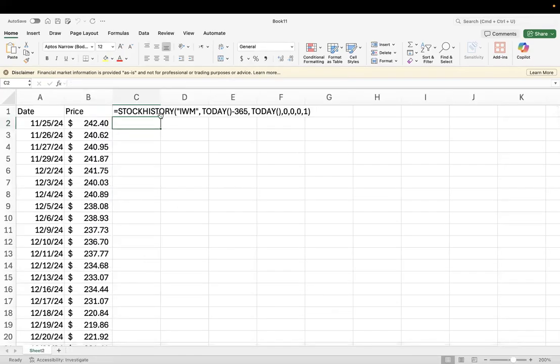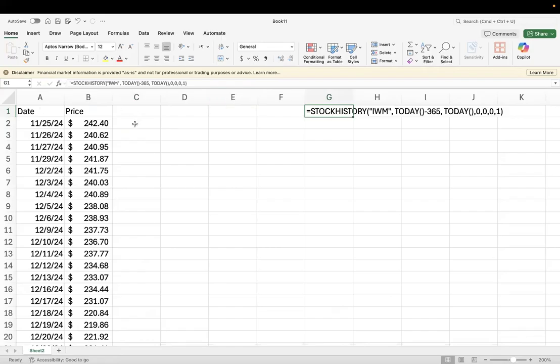So here I got all the data, and let's do something. Let's calculate the growth, and from growth I can calculate the standard deviation in growth.